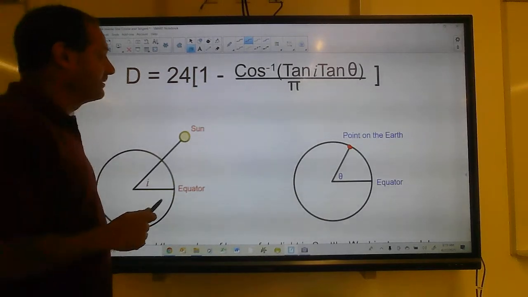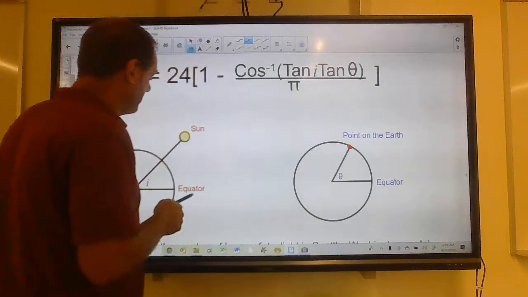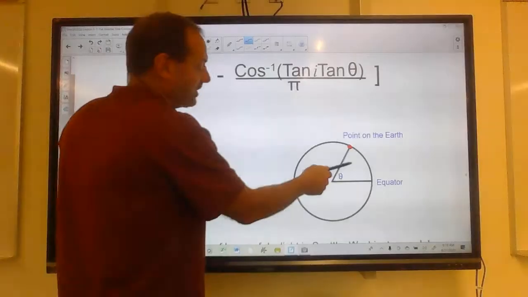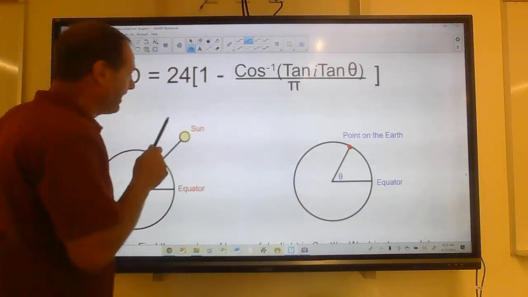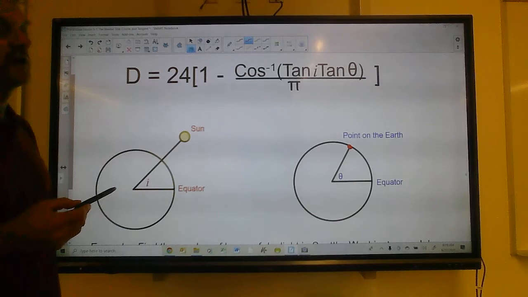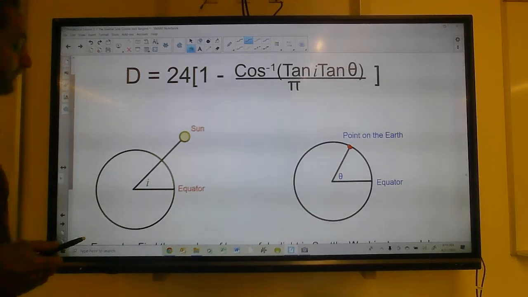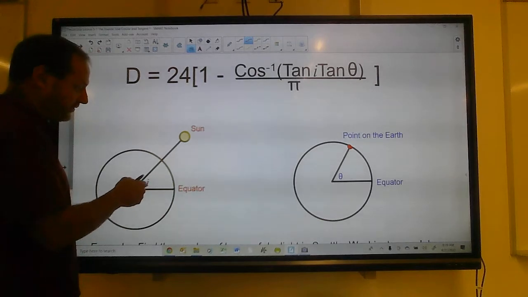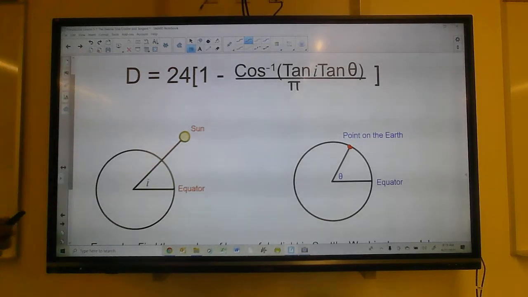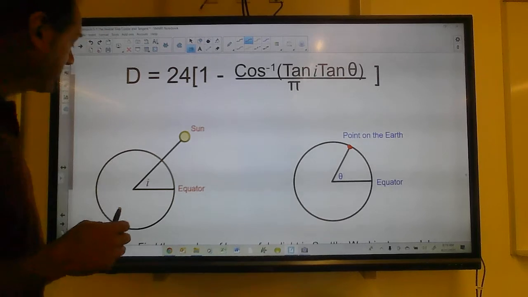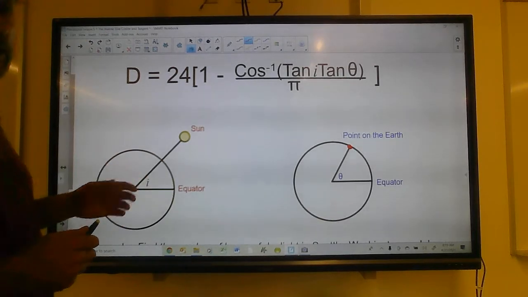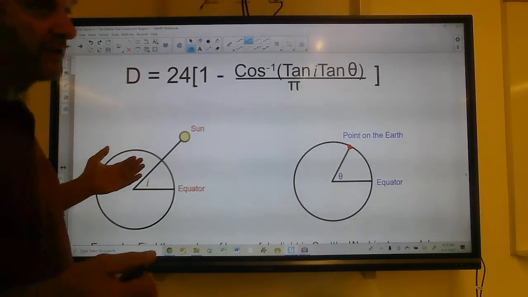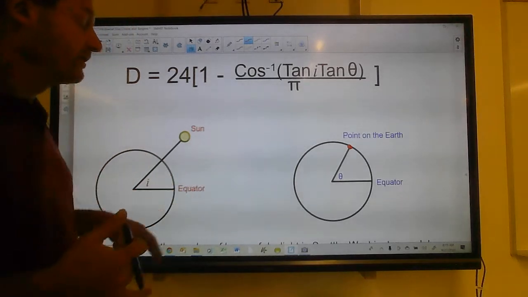Now, I is a little more complicated. Whereas theta changes depending on where you are on the Earth, I changes based on what time of year it is. I is the angle from the equator to the center of the Earth to the sun, and this angle changes depending on what day of the year it is, because obviously in the summertime you have longer days and in the wintertime you have shorter days.